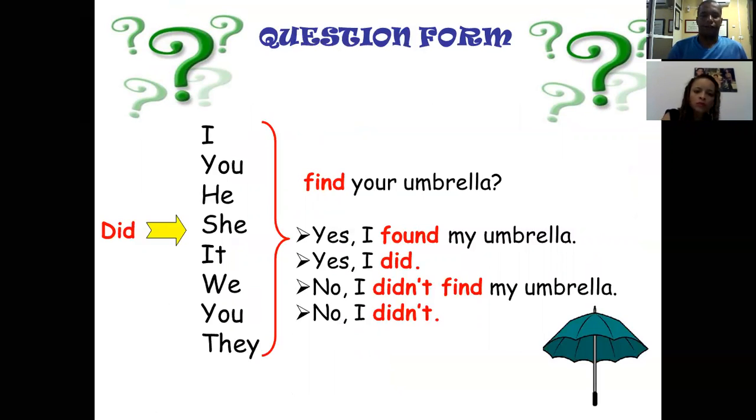You must write did at the beginning of the sentence, plus the subject, personal pronoun or noun, plus the verb.